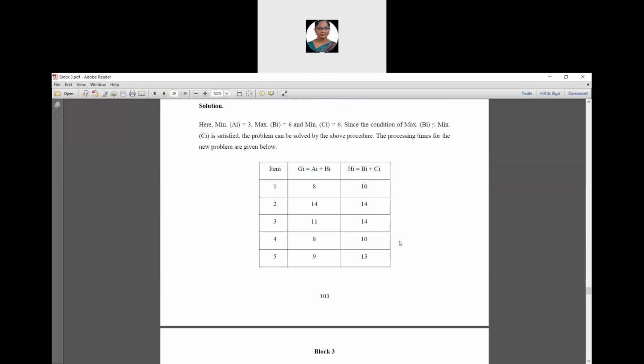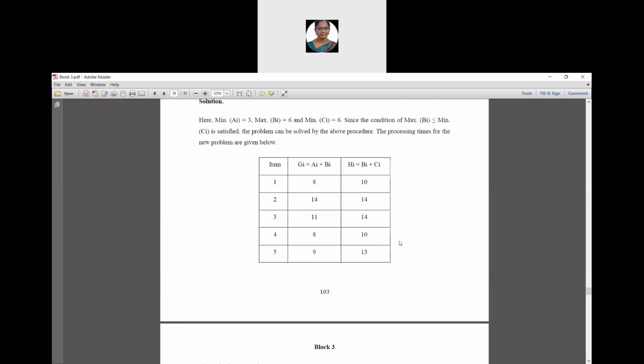The first column denotes the jobs 1, 2, 3, 4, 5 and the second column denotes the dummy machine G, where we add the processing time values of the first and second machines. The third column denotes the dummy machine H, where we add the second and third machines' processing time values.